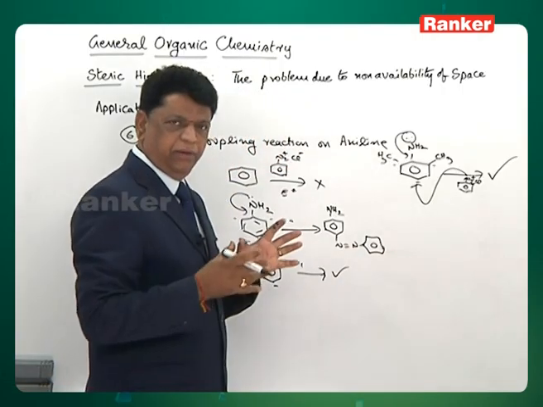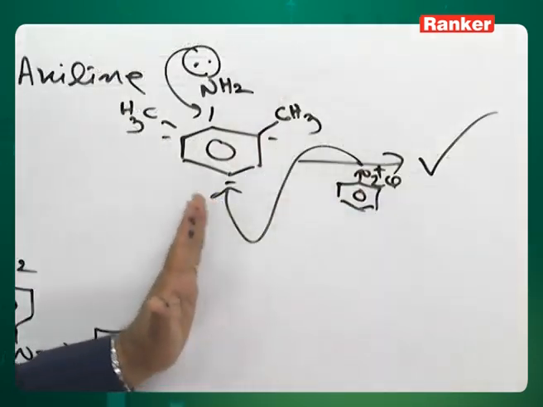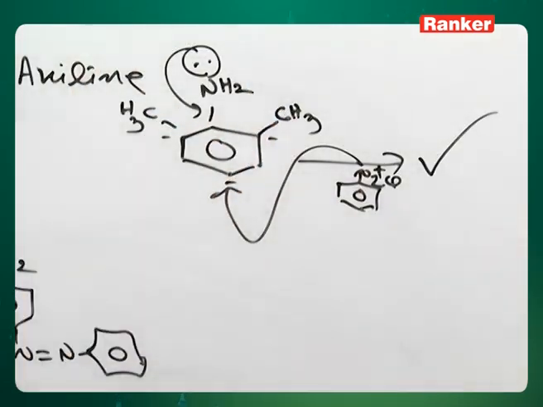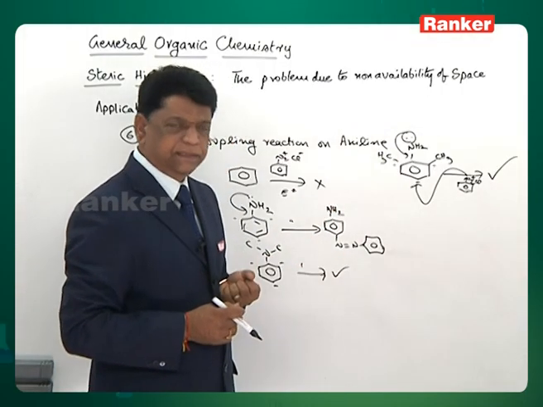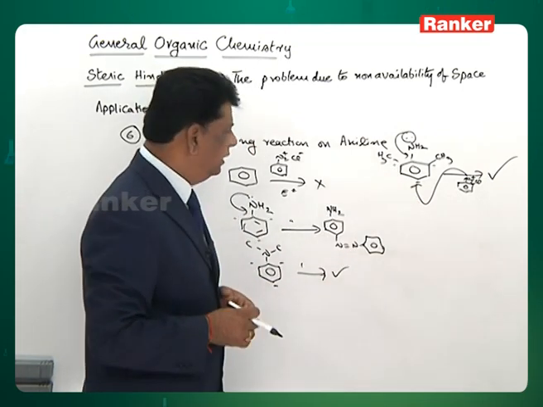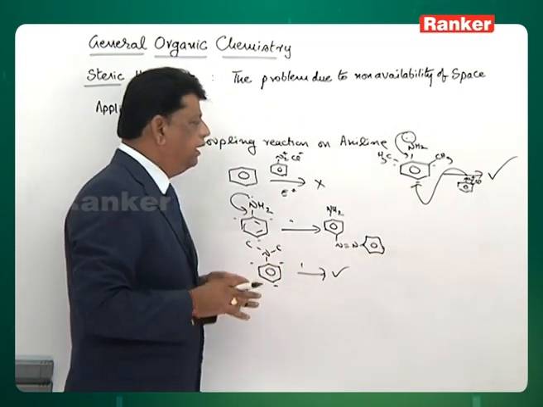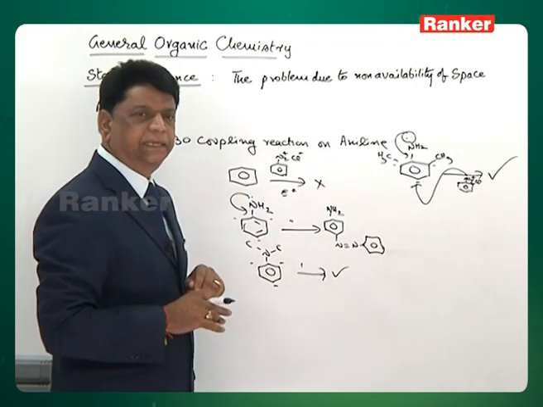Anyhow, ortho is already blocked, that is filled. So, therefore, it goes to the para, and the groups on that side will not have any hindrance, and moreover the methyl is an activating group, plus I. So, we have a plus point, and the reaction subsiding conditions are not there. So, therefore, reaction takes place.